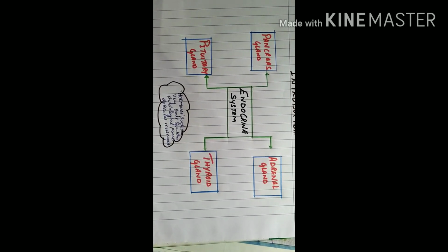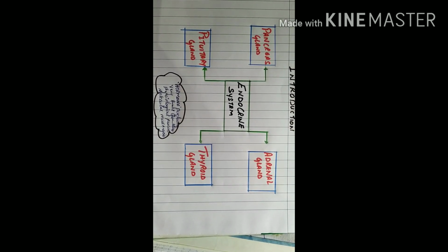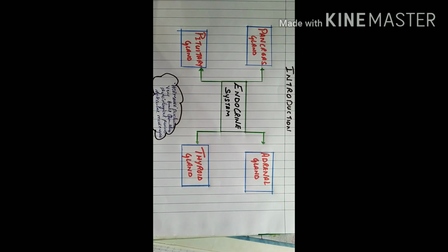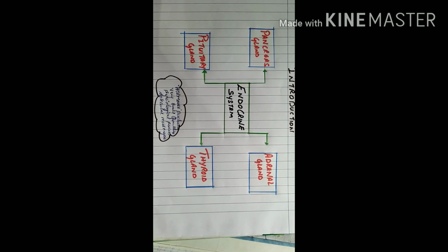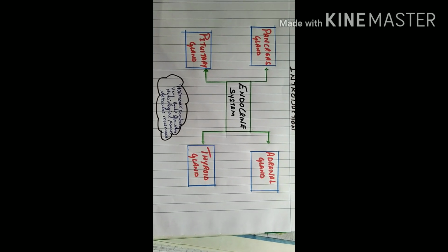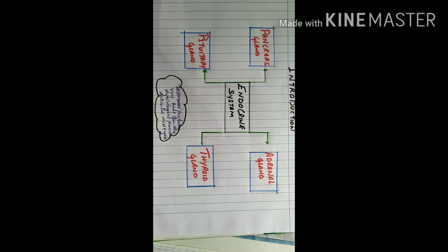Hormones are secreted by ductless glands directly into the blood, are produced in very small quantities, and perform some physiological processes through chemical reactions.